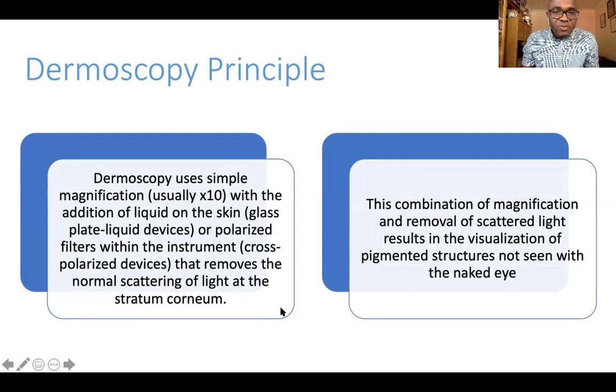A dermatoscope uses a simple magnification of ×10 with the addition of liquid on the skin surface, and it might have polarized filters within the instrument, or a cross-polarized device that removes normal scattering of light on the stratum corneum. So a combination of that magnification and removal of the scattered light results in visualization of pigmented structures not seen with the naked eye. So that's the principle behind it.